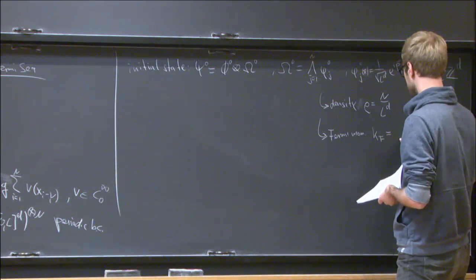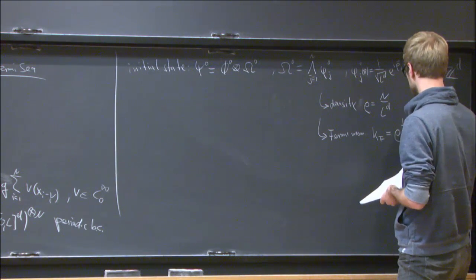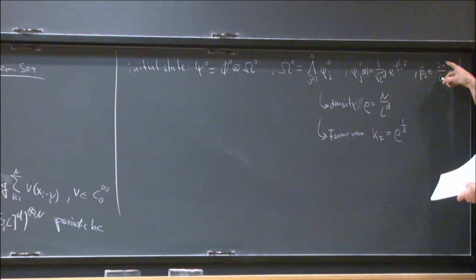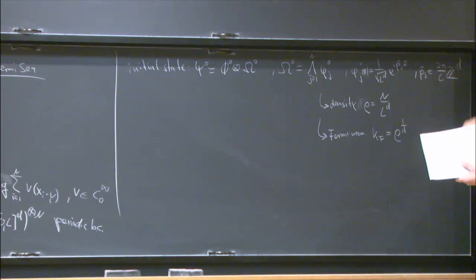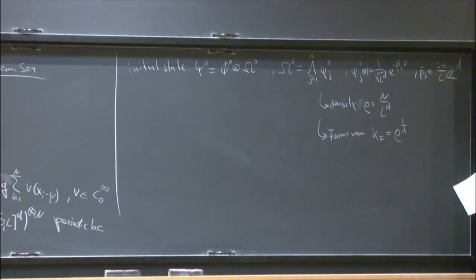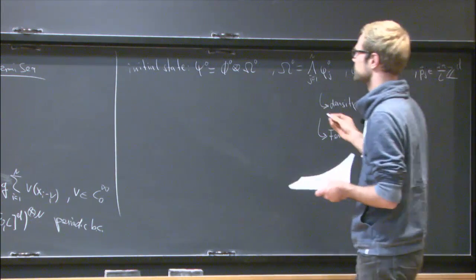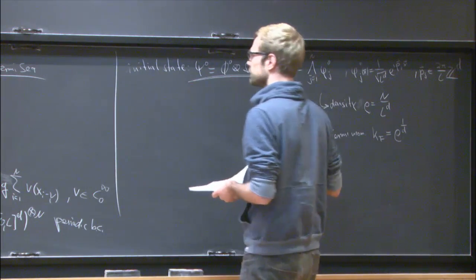So it's given as rho to the power 1 over d. Okay, so here you see in one dimension just n over L. In 2 dimensions you have a Fermi disk. It's square root of n over L, so it's always rho to the power 1 over d. Okay, so this is the kind of initial state I want to look at.